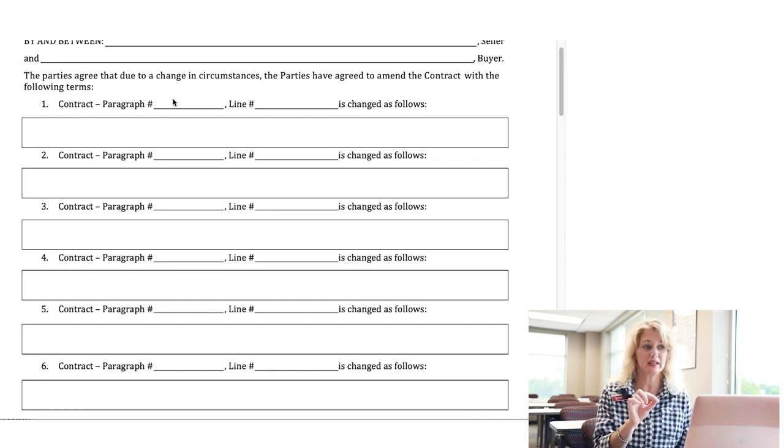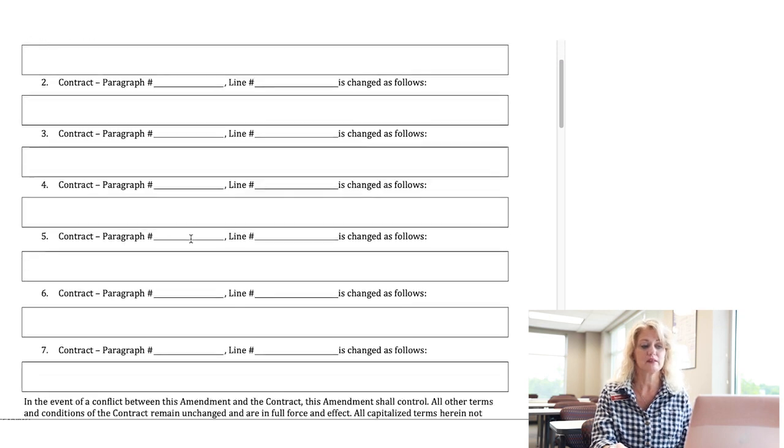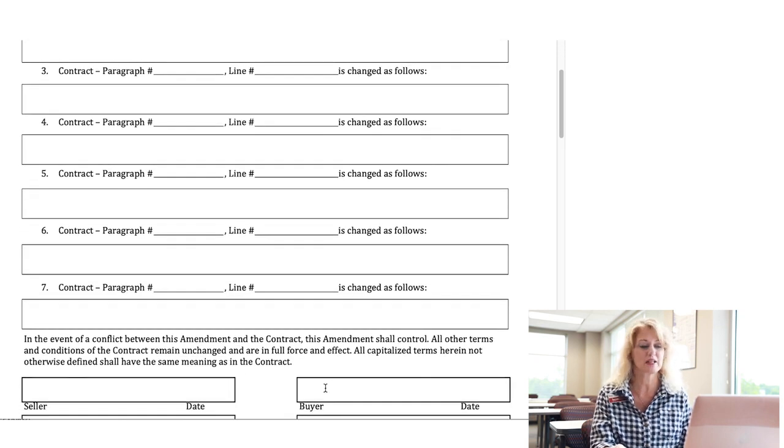You would put the paragraph number and the line number for that specific addendum, and then you would write the verbiage in the box: that addendum is added to and is a part of this contract. And then again, if that's the only change, mark the number 2 with N/As, dashes, whatever, and then direct your clients, buyer and seller, to sign and date.